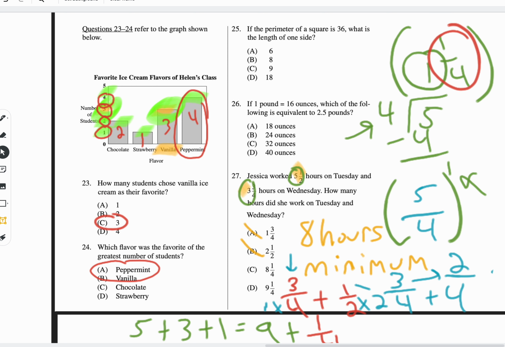Here we'll get 9 1/4. The correct answer is D, 9 1/4.